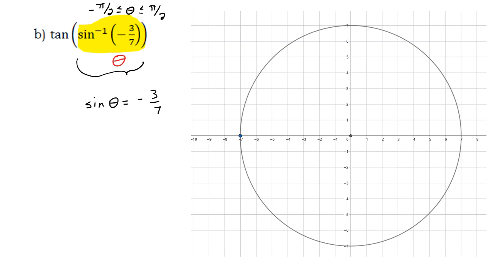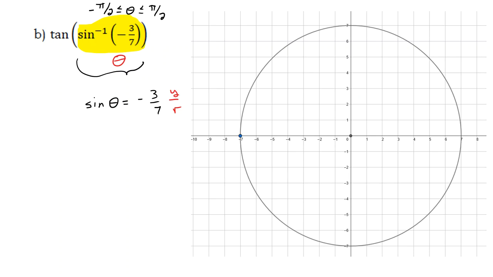I'm going to use the y over r property for sine. So my y value is -3 and my radius is 7. That's why I drew a circle of radius 7.